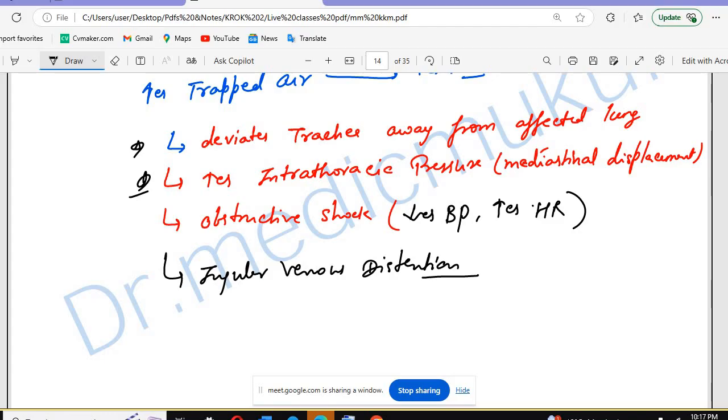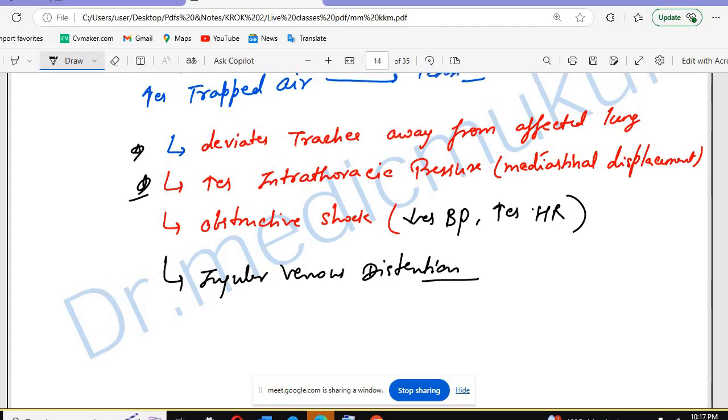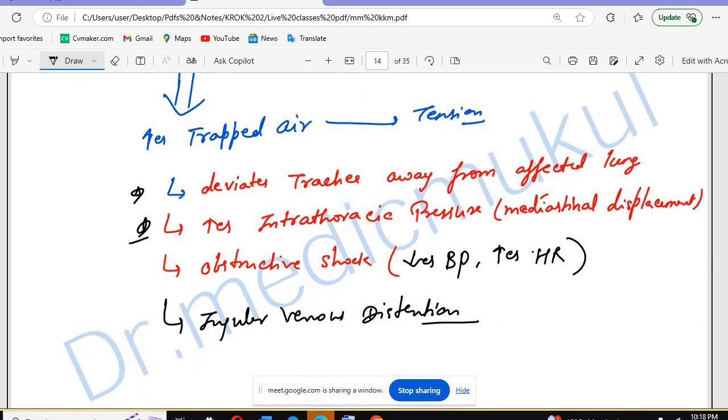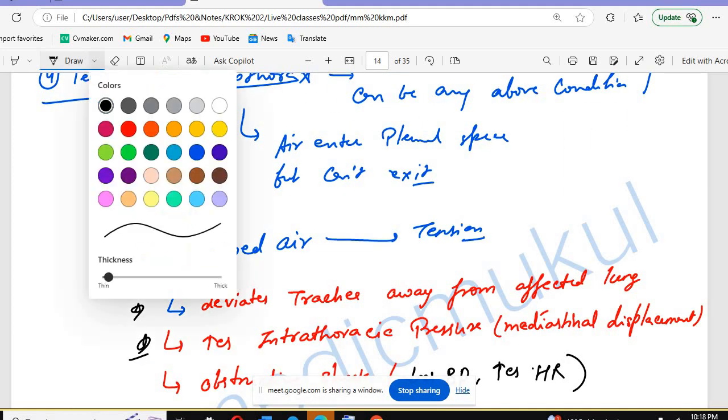If you get a tension pneumothorax, of course it is an emergency condition. You can't treat it by just conservative or medical management. You have to treat it in emergency.